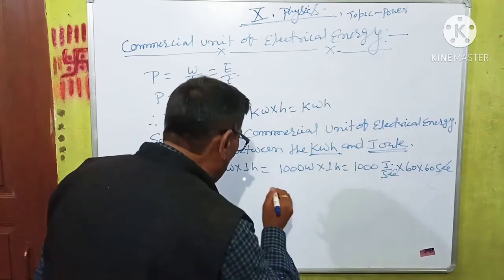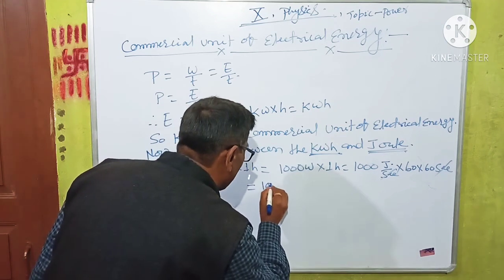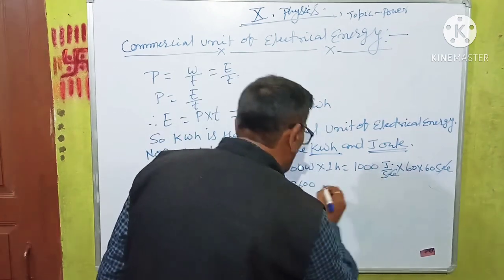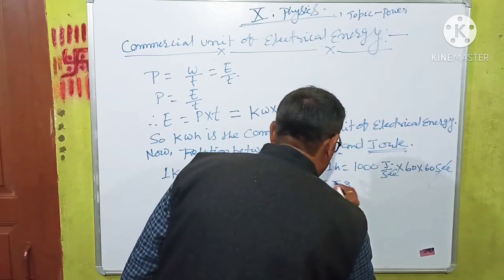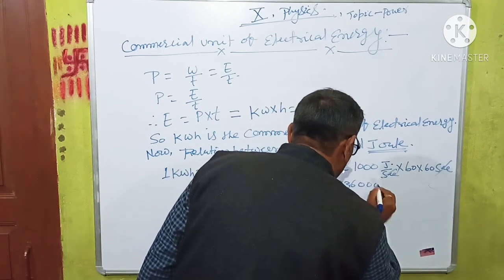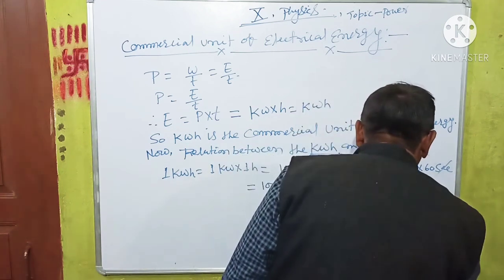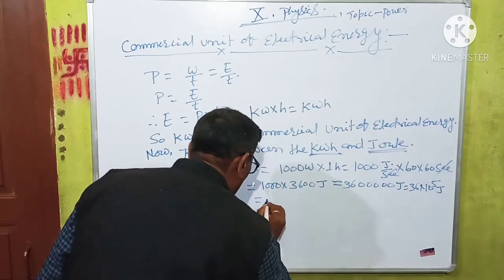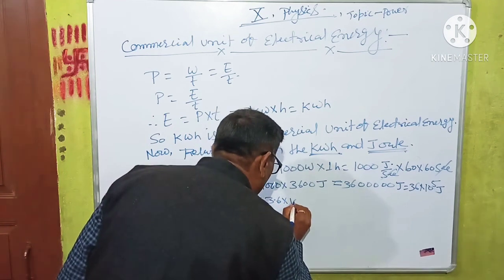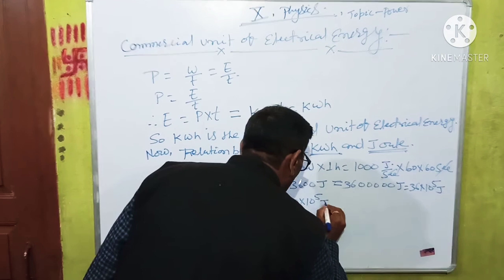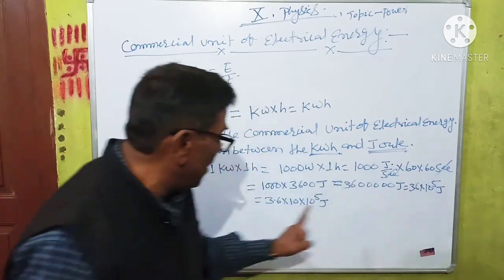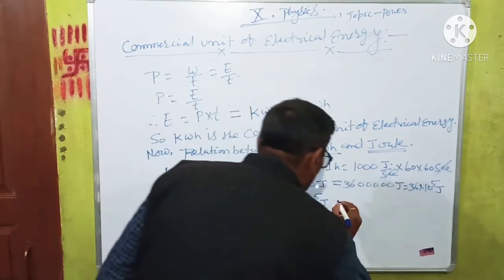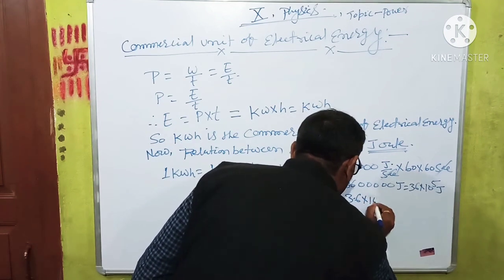Second cancels. So we get 1000 into 3600 joule, which is equal to 36 lakh joule, which is equal to 36 into 10 to power 5 joule, which is equal to 3.6 into 10 to power 6 joule.